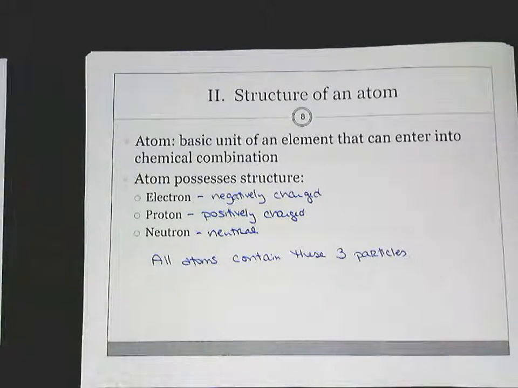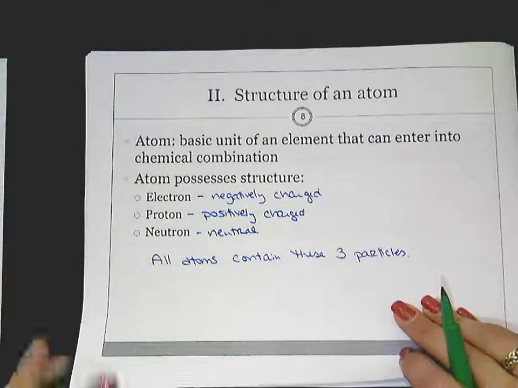All atoms are going to contain those three particles in some combination. So we're going to look at each of these parts individually and then recombine them to see how we end up with the current model of the atom. So a little bit of walking down chemistry history lane for the next few slides.